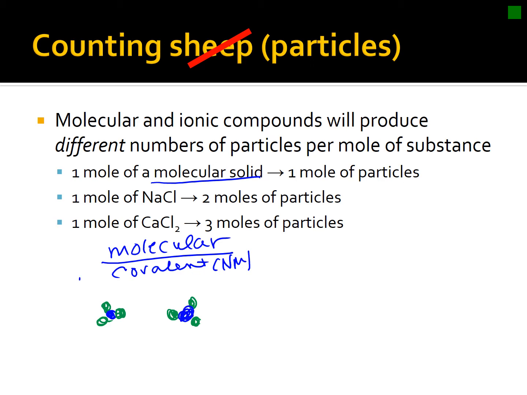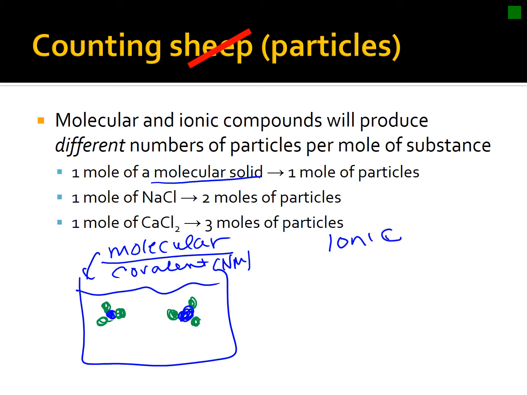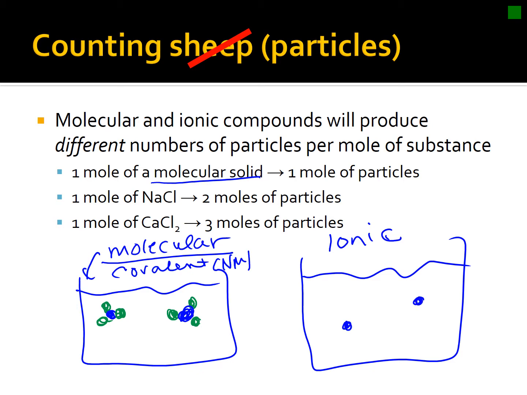So what happens is that when I have a covalent compound and I put it in water, they separate into their individual compounds, but they don't separate into their individual components. So if I then did the exact same thing, but let's say it was ionic, what happens is that they will actually separate into their individual ions.